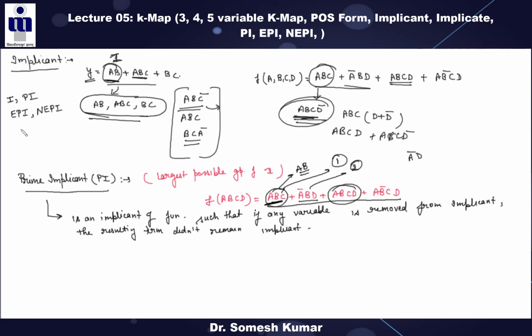These are basically the terms asked in exams. The next term is the D1 cell, and I am going to explain its meaning and how to find it using the K-map.